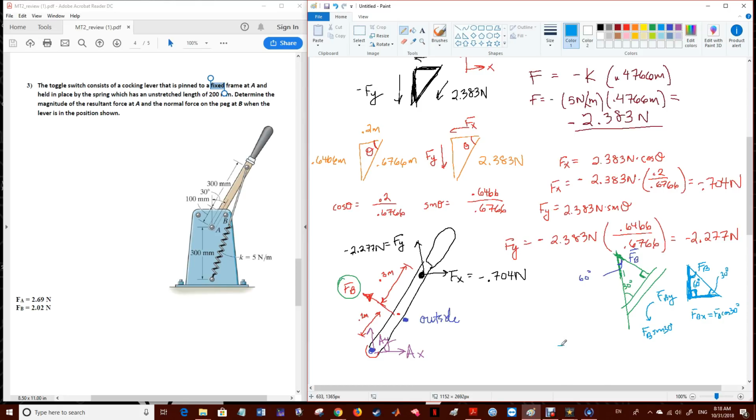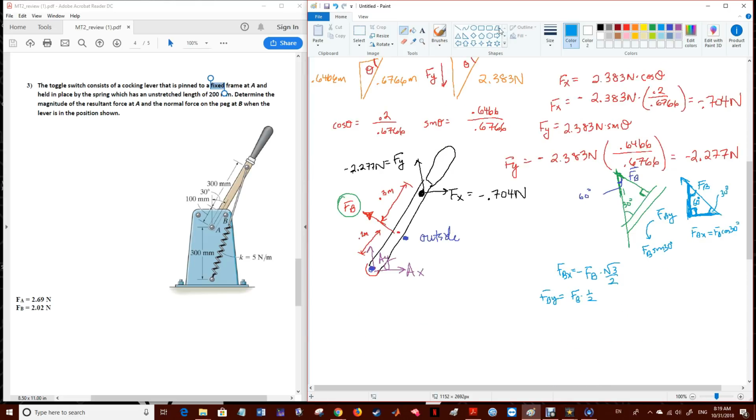As a result, I get FBX, which is moving along the negative x-axis, will be the numeric value of FB times cosine of 30 degrees, and cosine of 30 is going to be radical 3 over 2. FBY, which is moving along the positive axis, will be equal to positive FB times sine of 30 degrees, which is equal to 1/2.